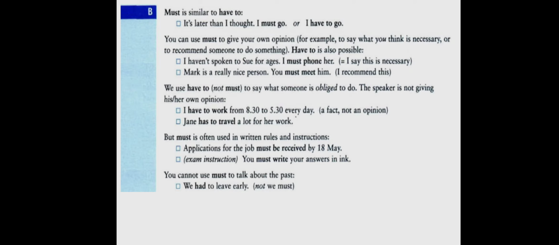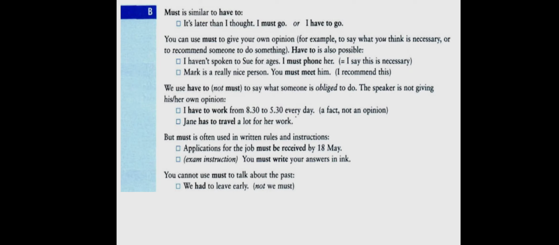For example, to say what you think is necessary, to express necessity, or to recommend someone to do something, we use must. Have to is also possible, but here must is more common. We say I haven't spoken to Sue for ages. I must phone her. I say this is necessary.